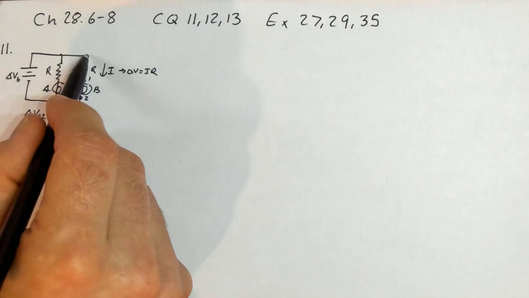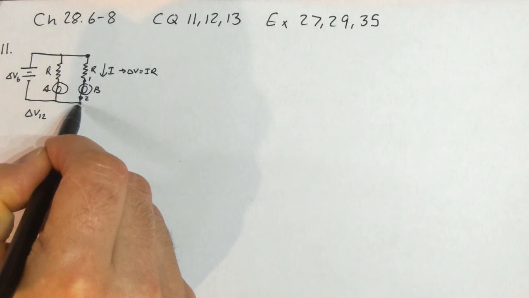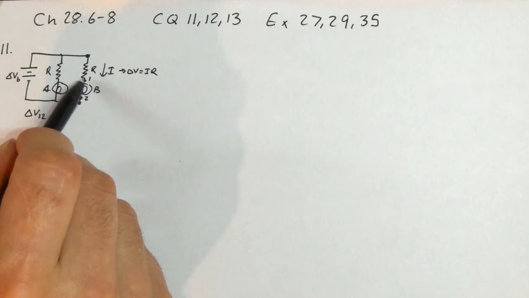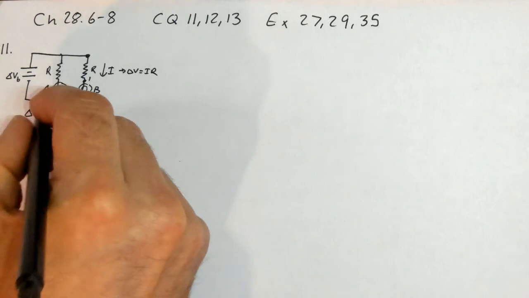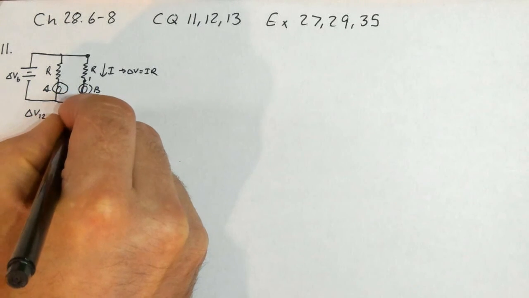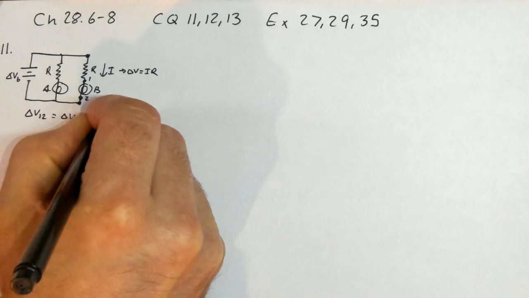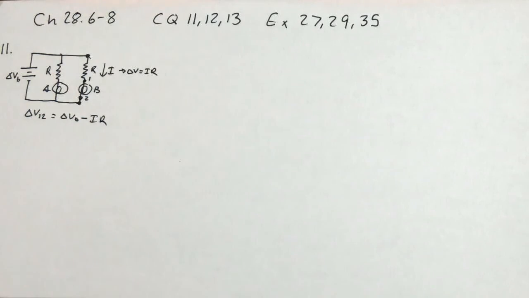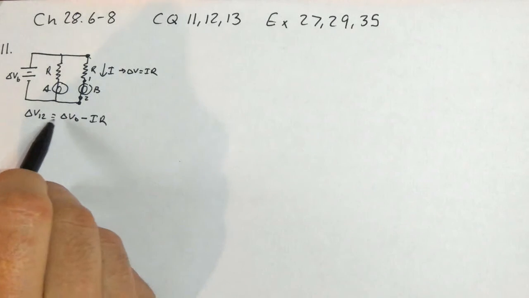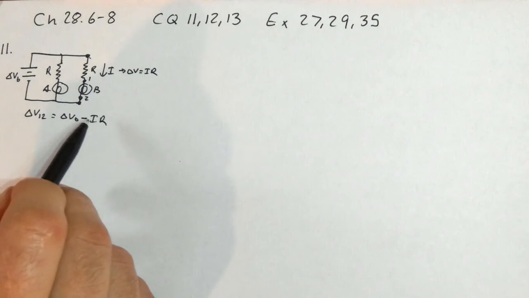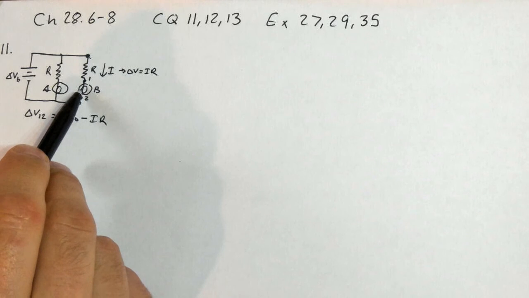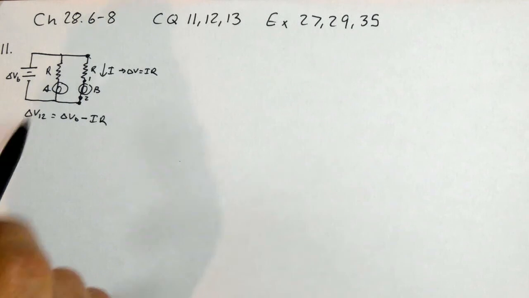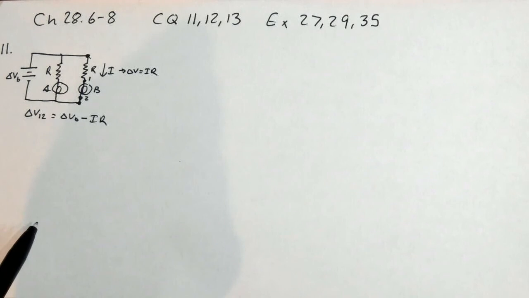So if the potential difference between here and here is delta VB, then the potential difference between here and here will be delta VB minus IR, because that's the potential drop from here to here. Okay. So if this is the potential difference when the light bulb is in the socket, and then you pull the bulb out, which kills the current, what happens to the potential between points 1 and 2?